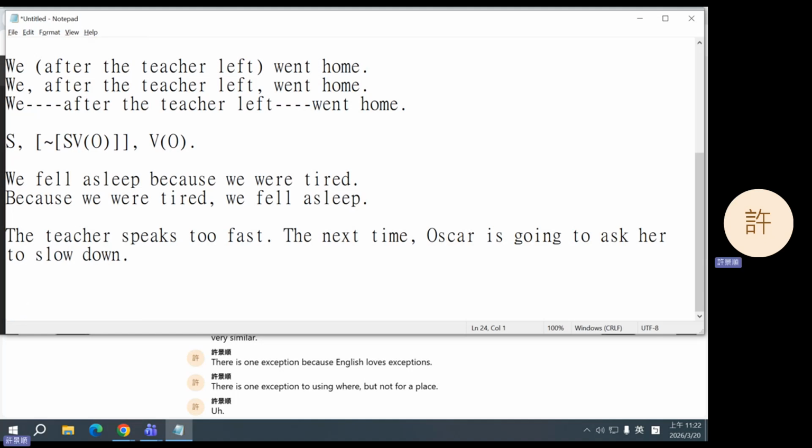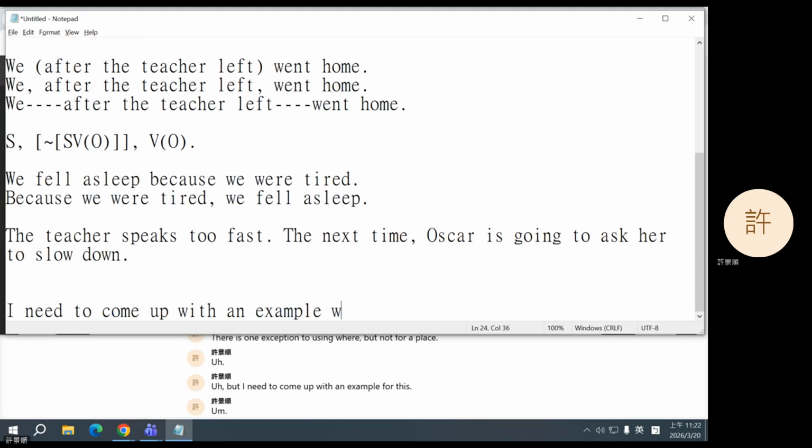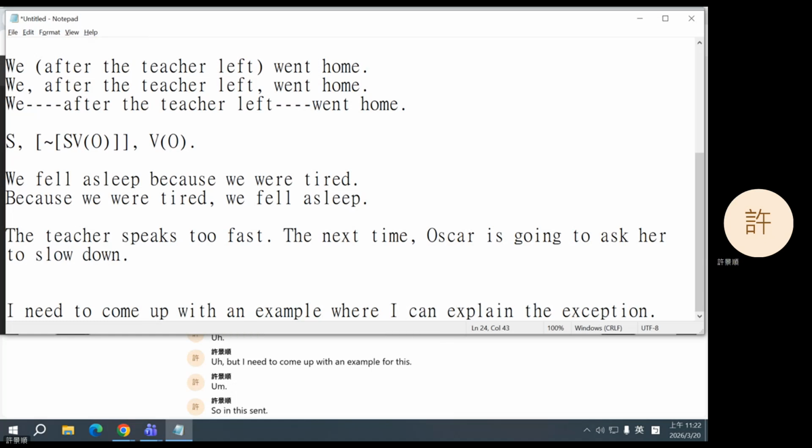I need to come up with an example for this. So in this sentence, I need to come up with an example where I can explain the exception.